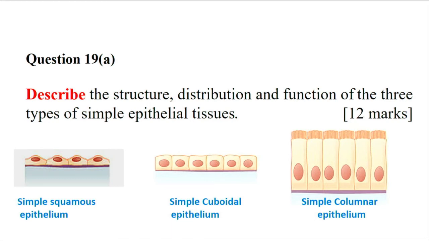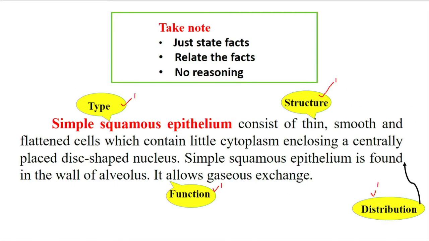Simple means one layer, while stratified means more than one layer. Take note, my students, to answer questions that involve describe, just state the fact, relate the fact, and no explanation or no reasoning is required.